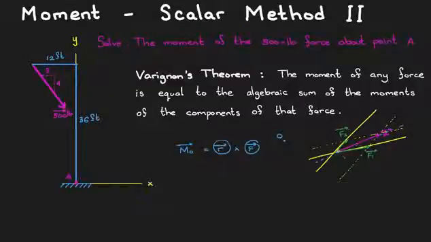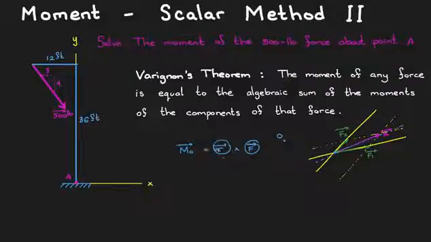We are interested in finding the moment of the resultant about point O, so this small r vector must go from point O to any point on the line of action of the resultant. There are infinitely many points, of course, on this line of action. Let's just choose one. I'd like to choose the tip of the resultant.